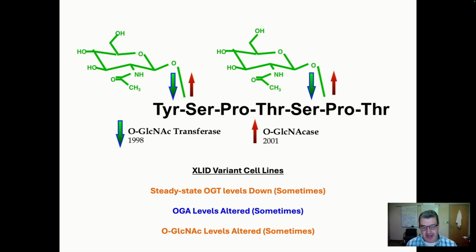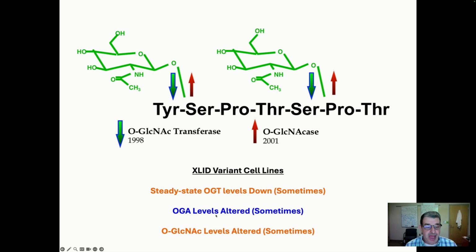And so what we've been trying to study with this modification is what happens if we have a mutation in the gene causing a variant in the protein. Are the steady state OGT levels down? Sometimes, in our various cell lines, the OGT levels are down, but not all the time.